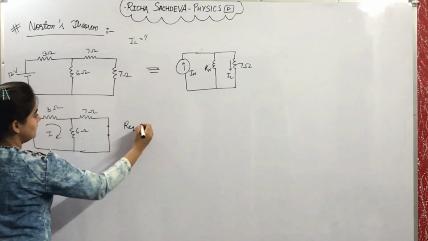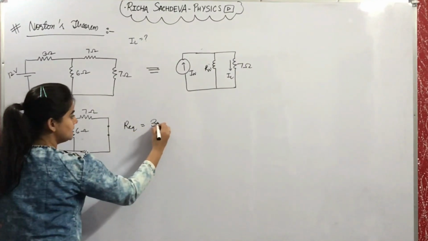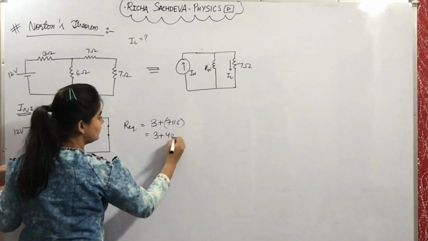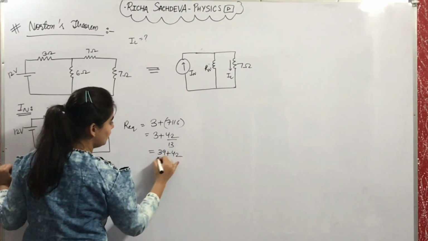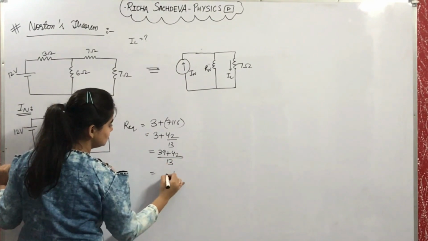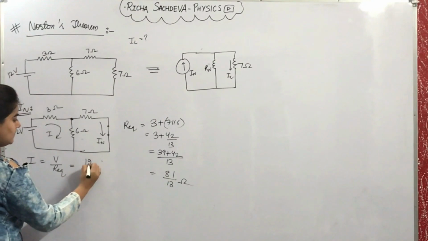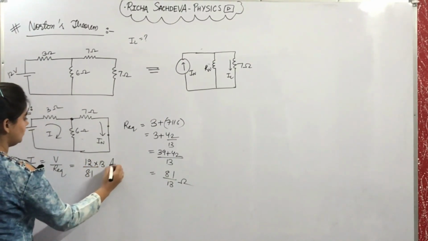These two are in parallel and their parallel combination is in series with this. So 3 plus 7 parallel to 6. So 3 plus 42 upon 13, which is equal to 39 plus 42 upon 13, which is equal to 81 upon 13 ohm. So I becomes 12 upon 81 upon 13. So this is the value of I.